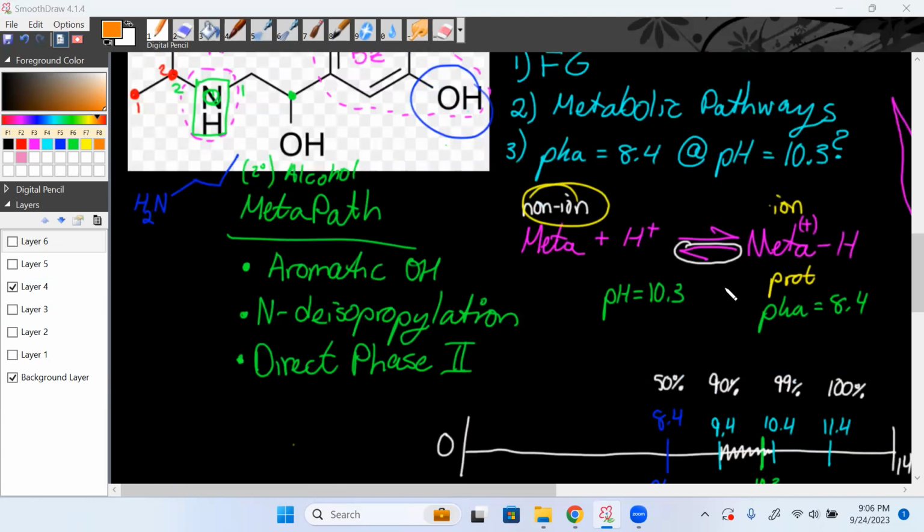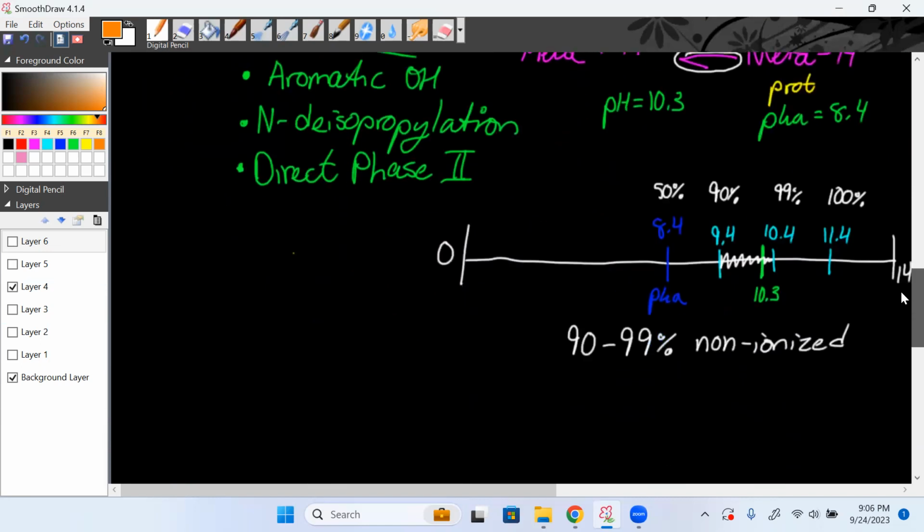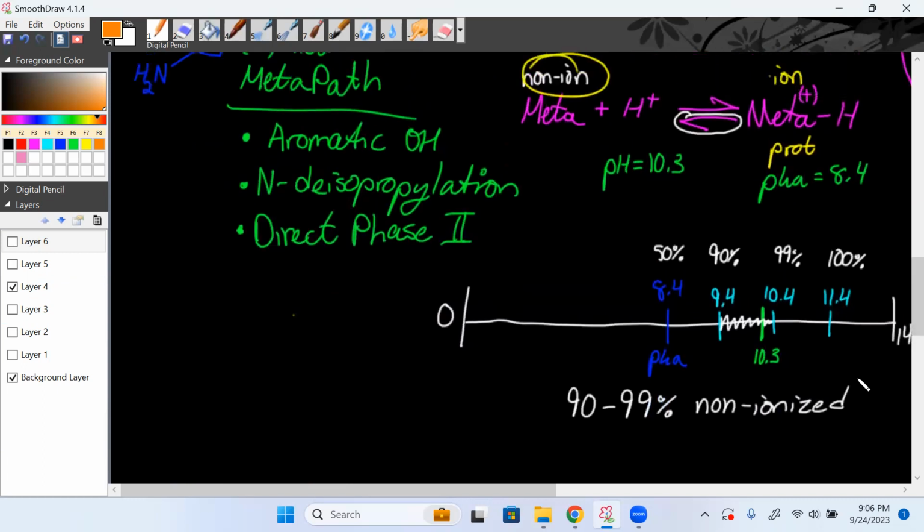And I was just wondering, since the non-ionized state was preferred, how come we didn't jump from 10.3 to 9.3 to 8.3? Good question. We always base the jumps off of the pKa. The pH is fixed. It's a fixed number, but the pKa will jump. Okay. Good question. All right. Thank you very much, Gabe. No problem.